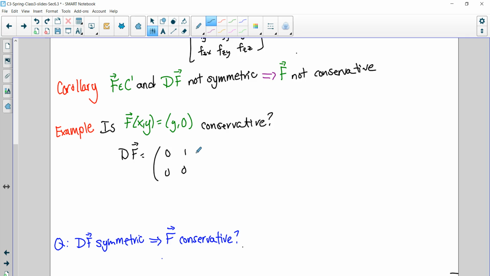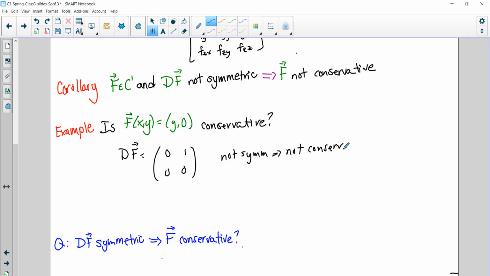And so this clearly is not symmetric, so that implies it's not conservative. So that's why in that example we were getting things that didn't make sense. Our vector field wasn't conservative.